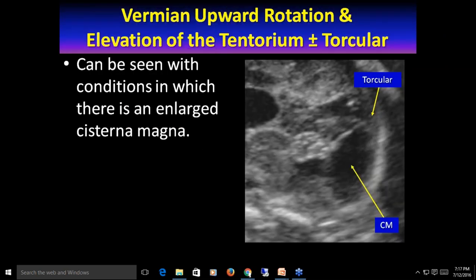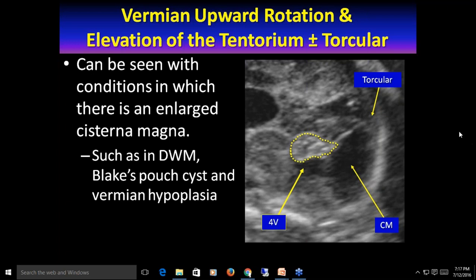Vermian upward rotation and elevation of the tentorium and/or torculum can be seen with conditions in which there is an enlarged cisterna magna. As we can see here in this example, the cisterna magna is enlarged and the torculum and the tentorium are elevated. Here we have the vermis.